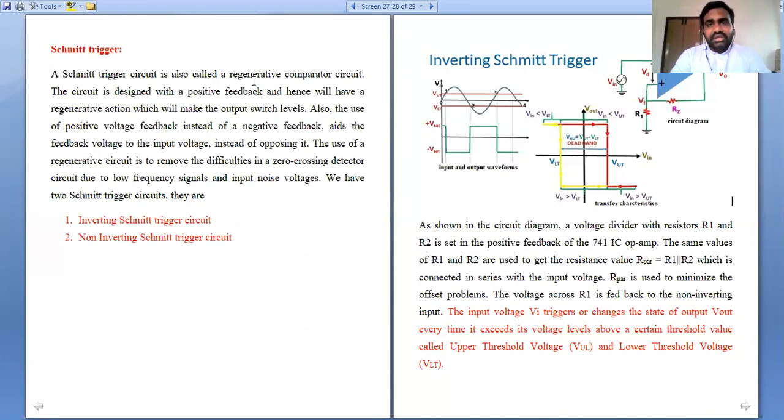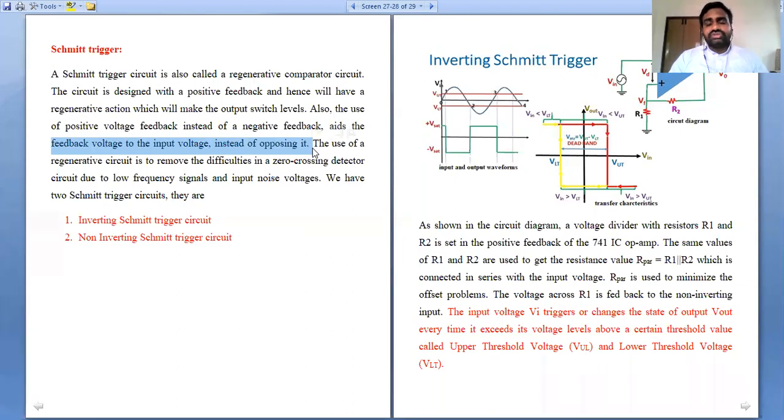Okay, this Schmitt trigger is an exact example of a regenerative comparator circuit. That's why we are explaining the circuit with the help of positive feedback. Here we are using positive feedback instead of negative feedback, so that the feedback voltage helps the input instead of opposing it. What actually happens with negative feedback?